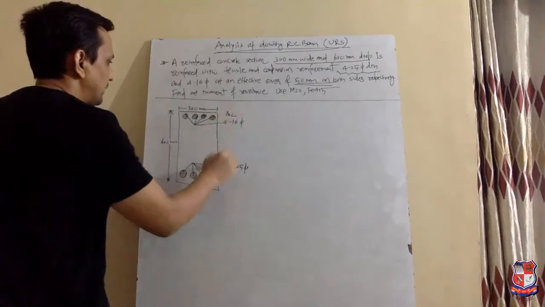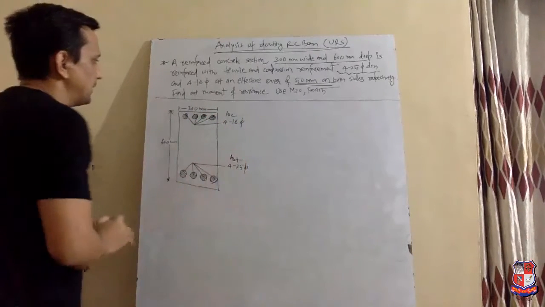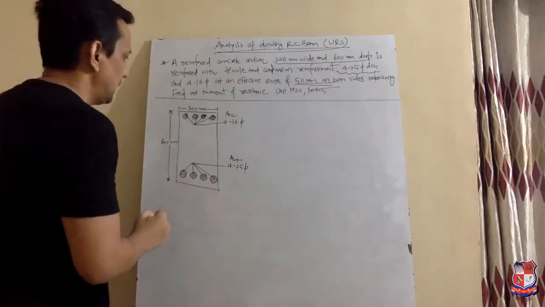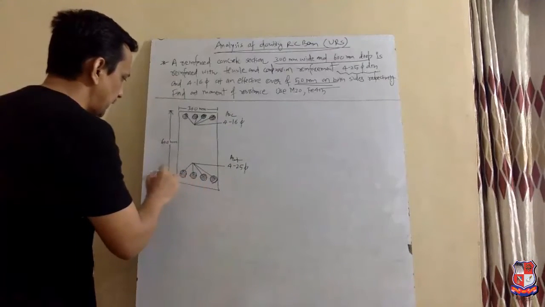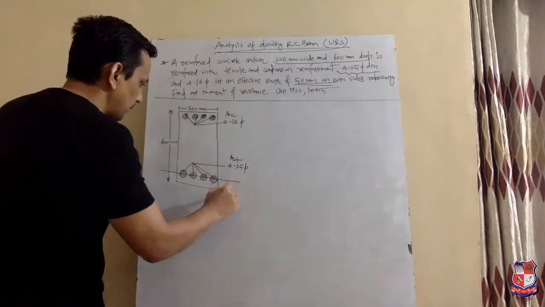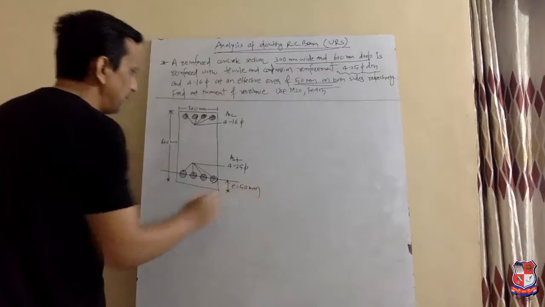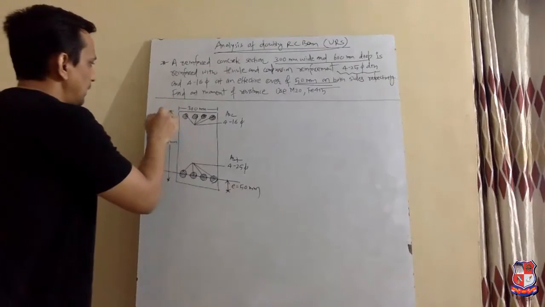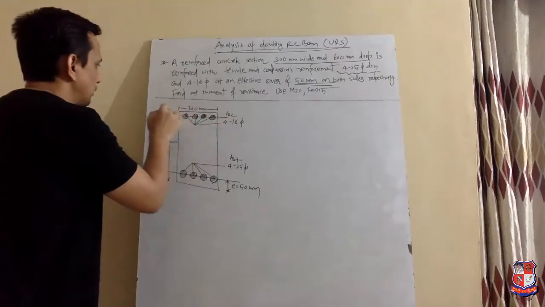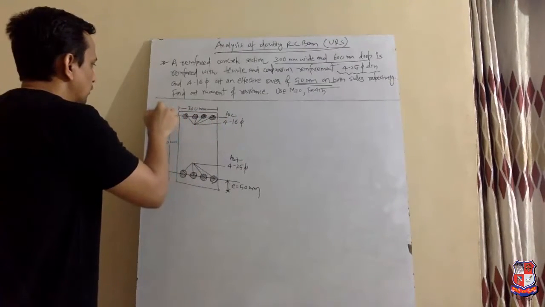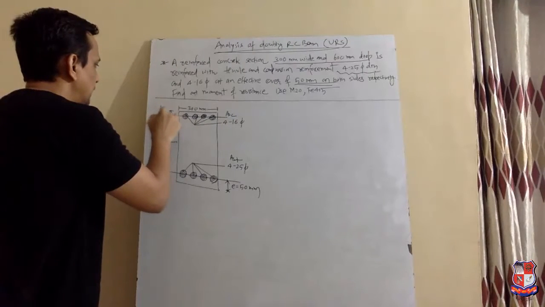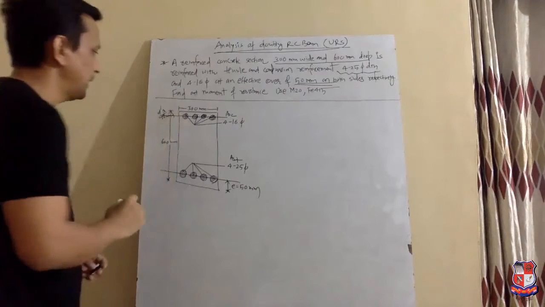This is Asc and this is Ast. Effective cover on both sides: in tension zone it is called d' 50 mm, and in compression zone it is called d', and d' is also 50 mm.